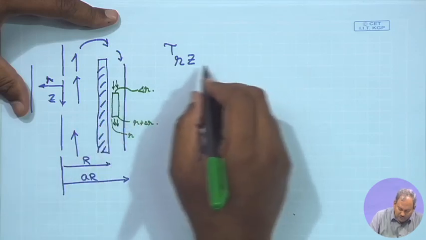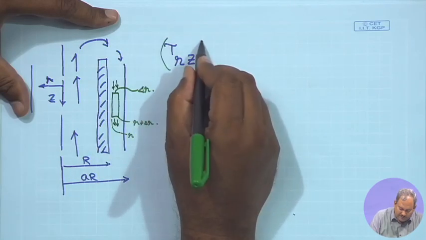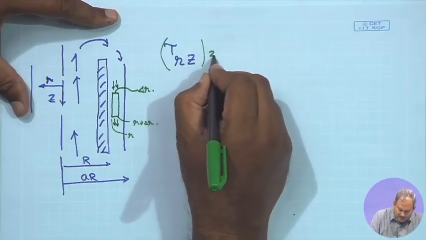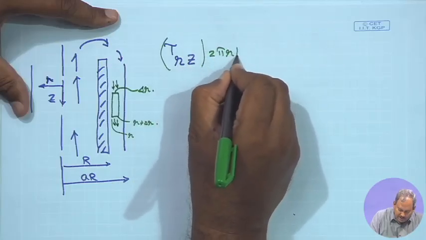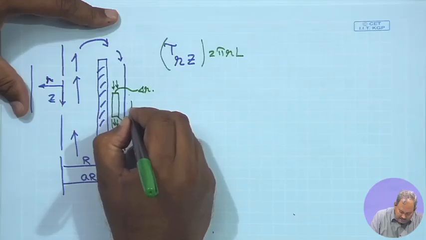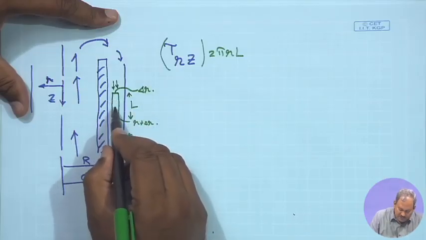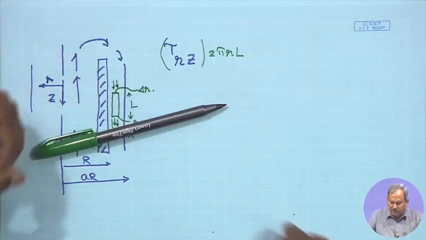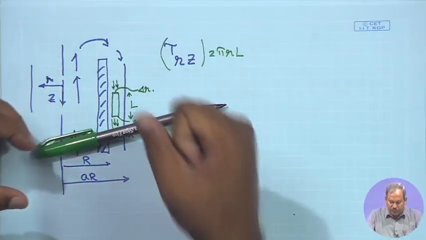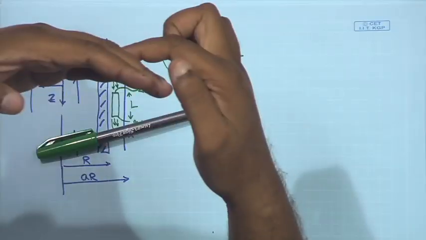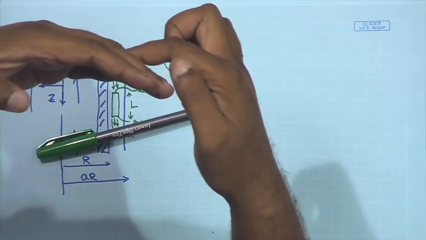So, the area on which this tau r z is acting on is simply 2 pi r times L, where L is the length of this imaginary shell wrapped around the tube. So, if this is the tube and I have something wrapped around it, the thickness of it is delta r and the length of it is L.